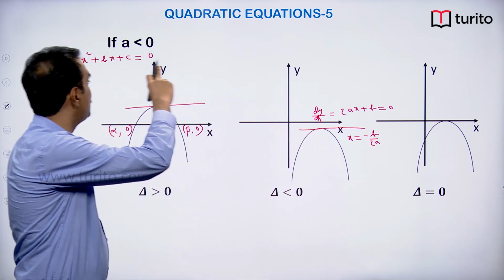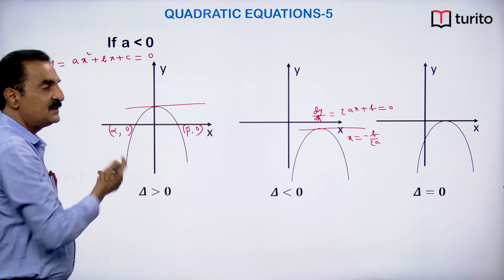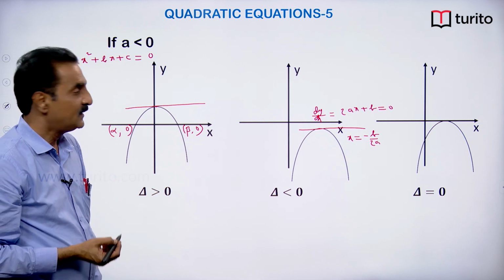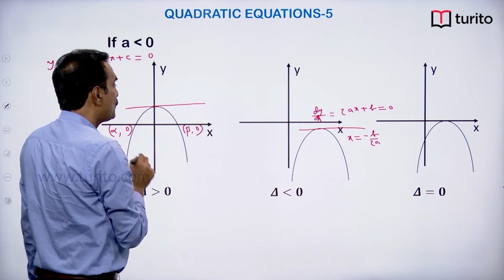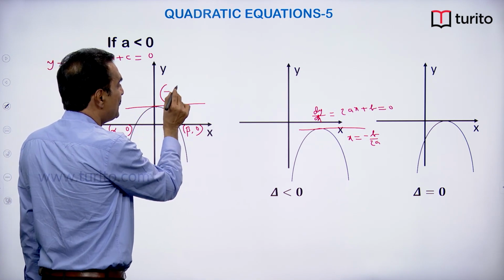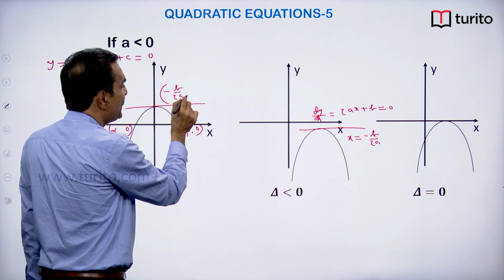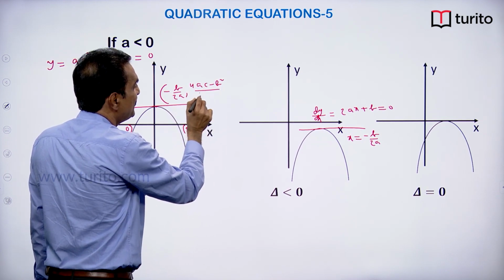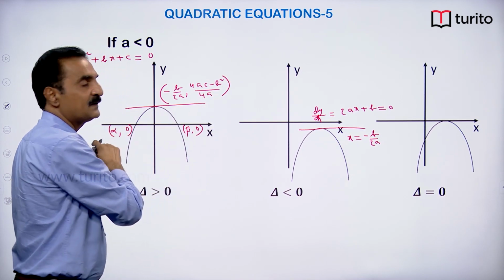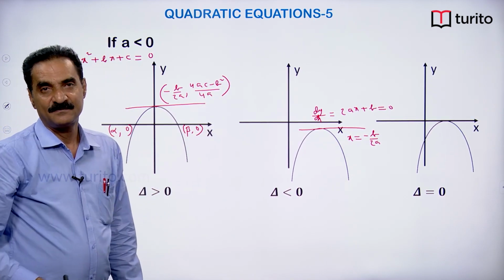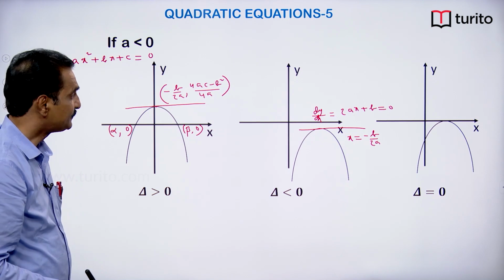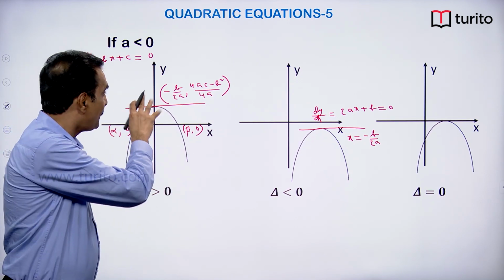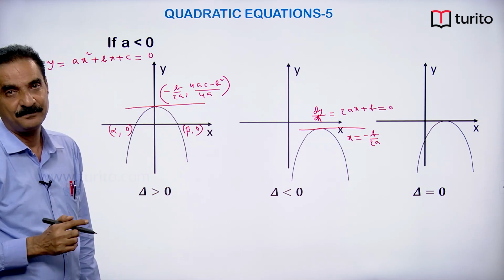Substituting minus b by 2a in place of x here, this becomes 4ac minus b square by 4a. So the coordinates of this vertex are minus b by 2a comma 4ac minus b square by 4a in all the cases. Whether a is less than 0 or greater than 0, the formula for the vertex is this.